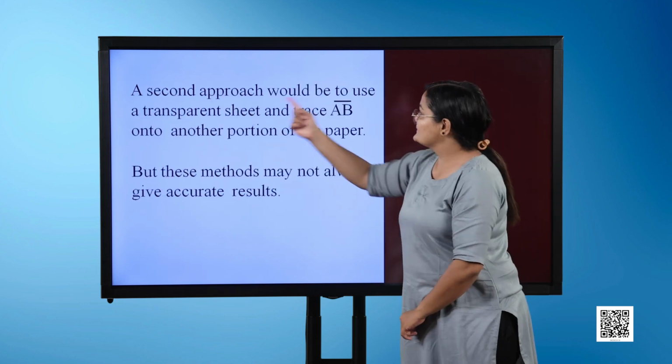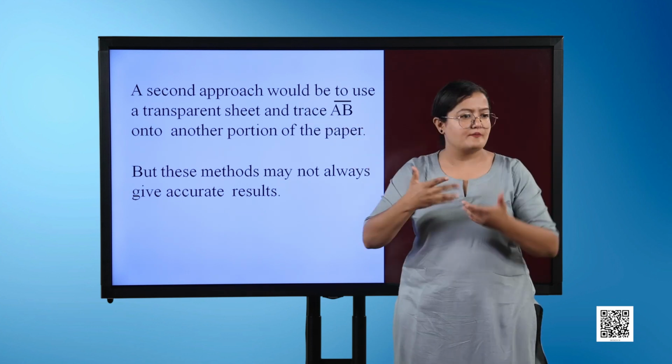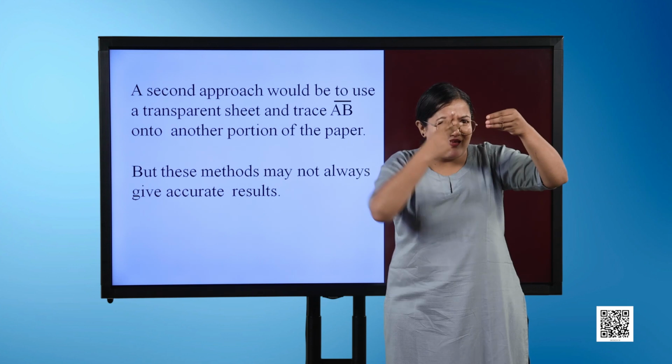A second approach would be to use a transparent sheet and trace line segment AB onto another portion of the paper.